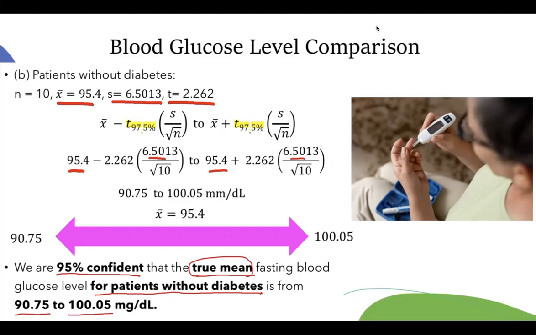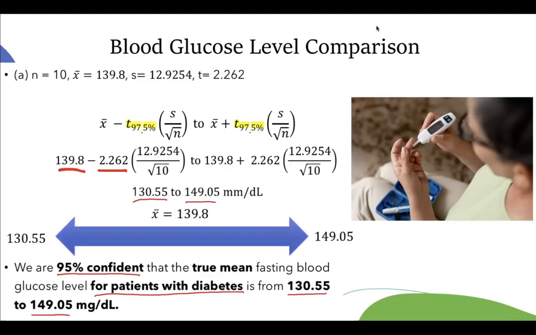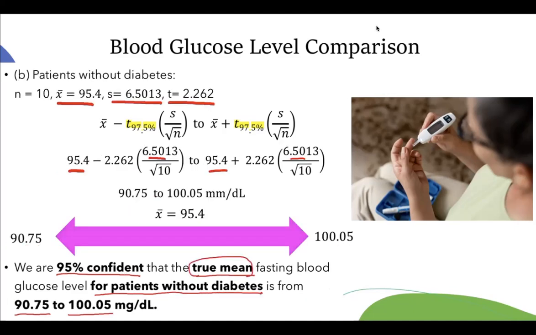Well, the way we can figure that out is by examining where the two confidence intervals lie with respect to one another. So remember, the confidence interval for patients with diabetes is this blue arrow from 130.55 to 149.05, and for patients without diabetes is this magenta pink arrow from 90.75 to 100.05.